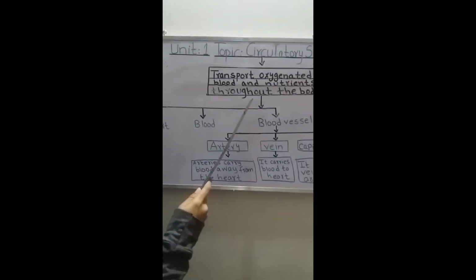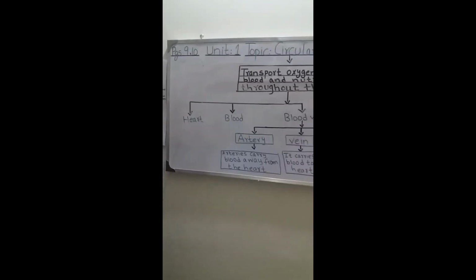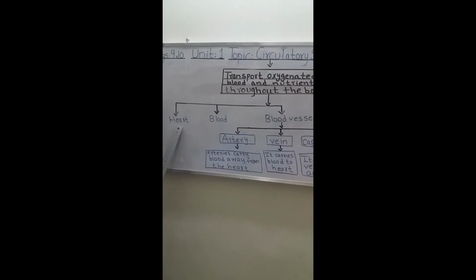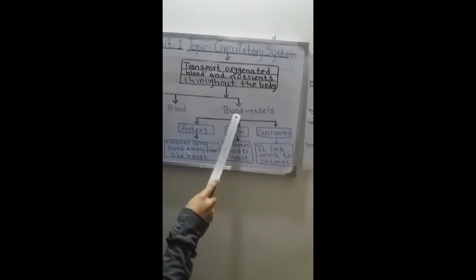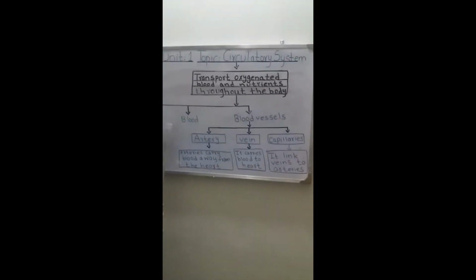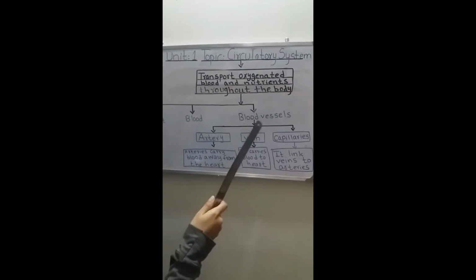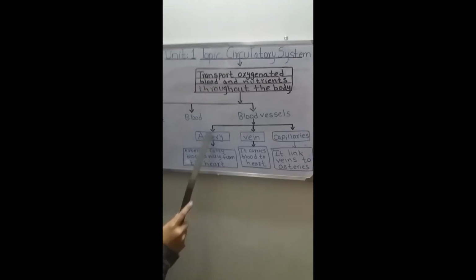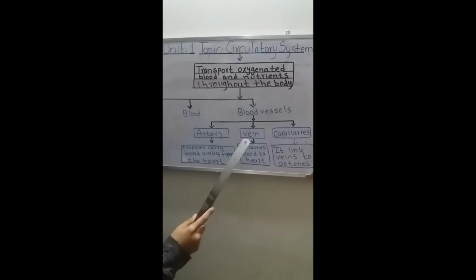So now the circulatory system has 3 components. It has 3 main parts. The first main part is the heart, right? This is the heart. The second is blood and the third is blood vessels. Blood vessels are divided further. The first blood vessel is the artery.